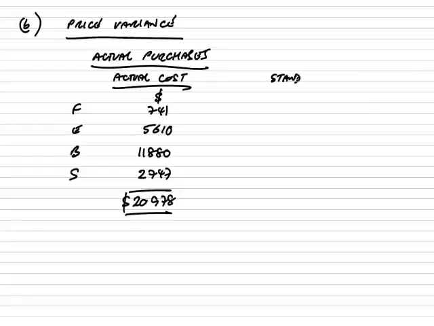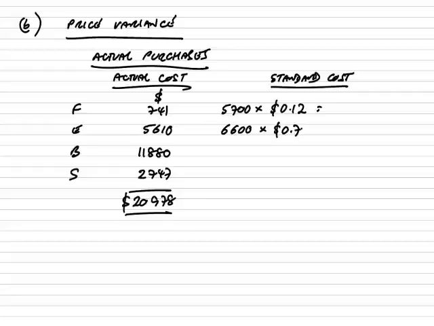Again, actual purchases at standard cost. Well, flour, we actually bought 5,700. How much should it have cost? Well, look back to the standard cost card on the previous page. It should be 12 cents a kilo. I'll multiply up in a minute, but let's show the workings. Eggs, 6,600.